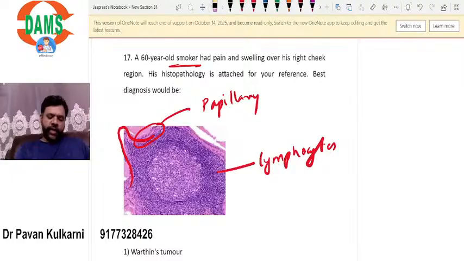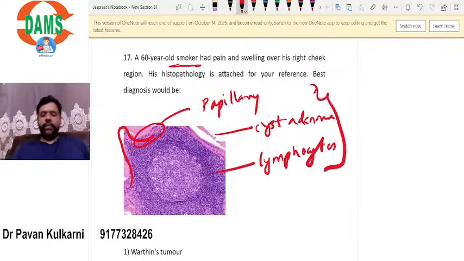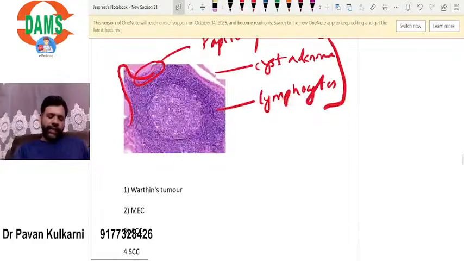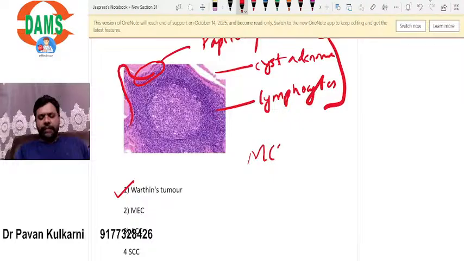And there are certain cystic structures here. So cyst adenoma. So papillary cyst adenoma lymphomatosum, that is nothing but your classically Warthin's tumor. So this image is a very classical image based question that you are supposed to remember.